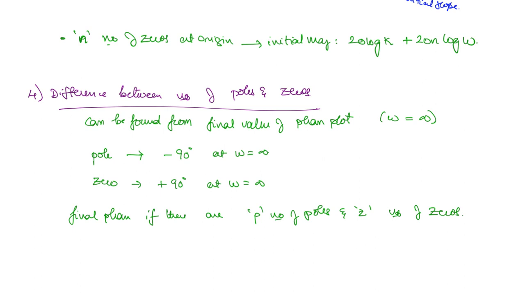The final phase is going to be p times minus 90 degrees plus z times 90 degrees, so you are going to get (z minus p) times 90 degrees.